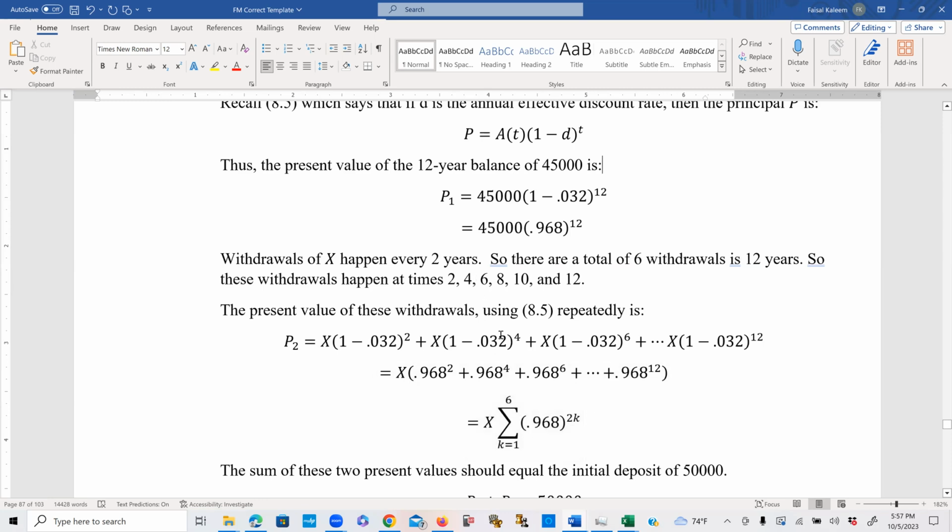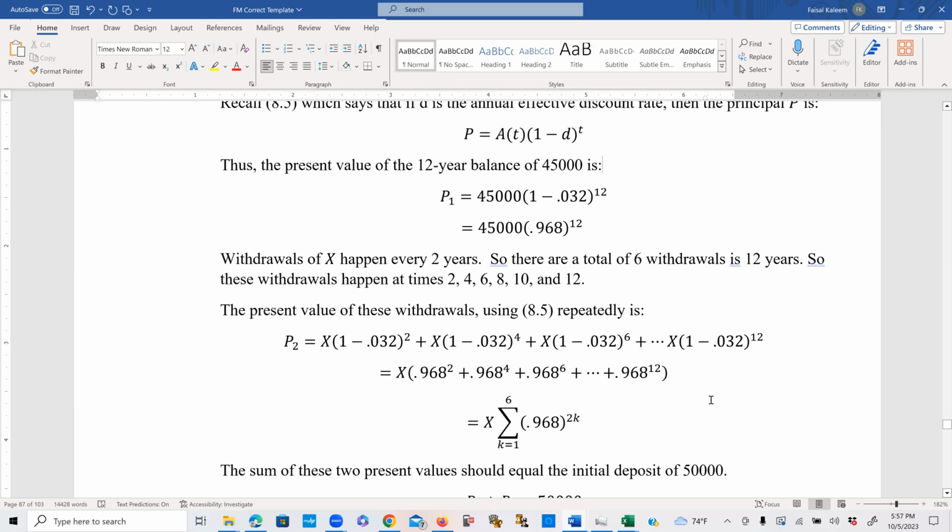Now, the sum of these two present values, one for the balance of 45,000 and the other for the withdrawals, should be equal to the initial deposit of 50,000, because it's that initial deposit which eventually creates the balance of 45,000 after the withdrawal.